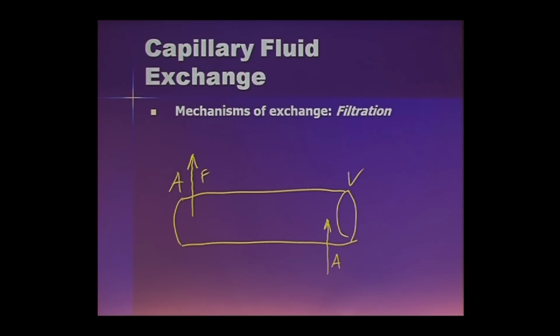One thing that helps with this is the fact that we have a lot of proteins inside of the capillary. Does anybody know what osmotic pressure is? You know what osmotic pressure is, so I'm not going to explain it. This is a special case of osmotic pressure called colloid oncotic pressure, which is due to the proteins.